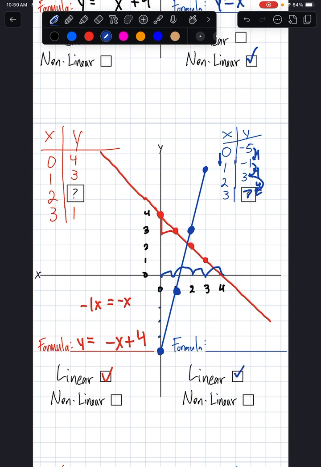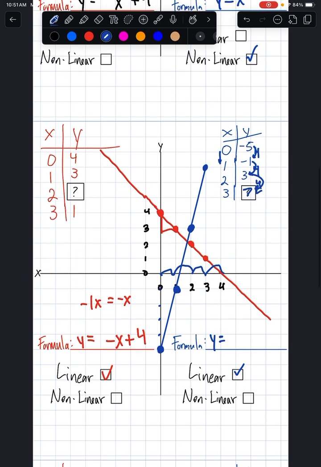And now we're going to write our formula. So I want you guys to try to write the formula again. Do your very best, and then I'll show you the answer. So remember, first you want to start with your y-intercept, and then figure out your rate of change, or your slope. So our y-intercept is negative this time, and it's negative 5, because where it crosses is at negative 5. Okay?